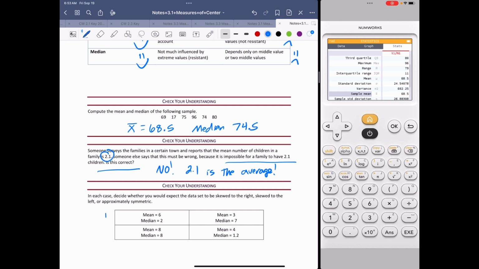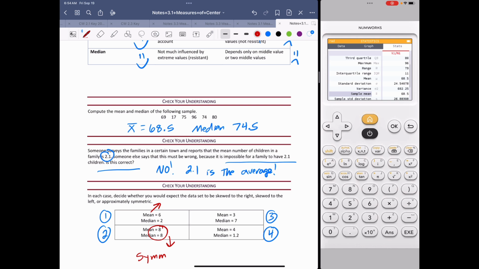Pause the video and try these 4 questions and then turn it back on and check your answers. I'm going to start with 2. I think 2 is going to be symmetric because the mean and the median are equal. I'm going to do 1 next. The mean is greater, so it's pulled to the right.